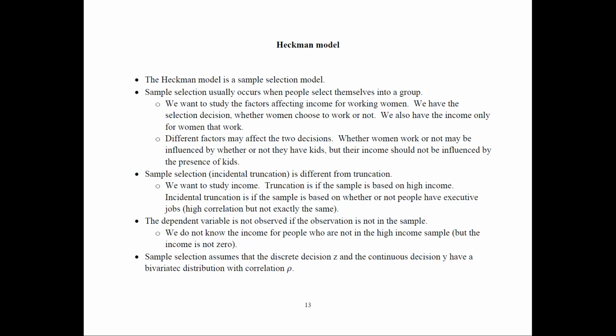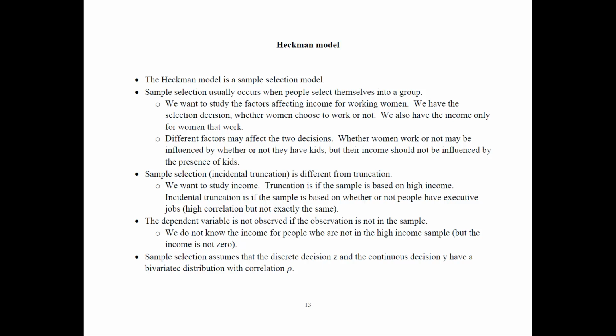For example, whether women work or not may be influenced by whether or not they have kids, but their income, at least in theory, shouldn't be influenced by the presence of kids. So we would have two separate sets of variables for the first step, where the question is do you work, yes or no, and then for the second step, what's your actual income.